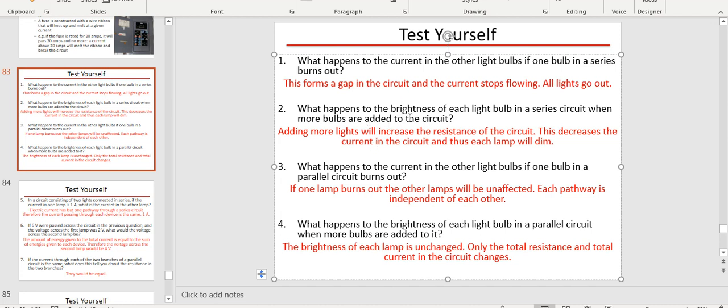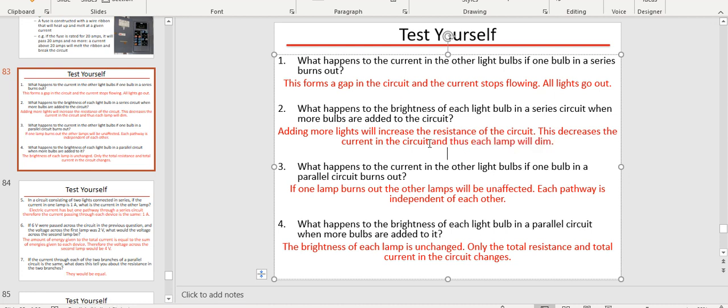What happens to the brightness of each light bulb in a series circuit when more bulbs are added to the circuit? Adding more lights will increase the resistance of the circuit. This will decrease the current in the circuit, and thus each lamp will dim.